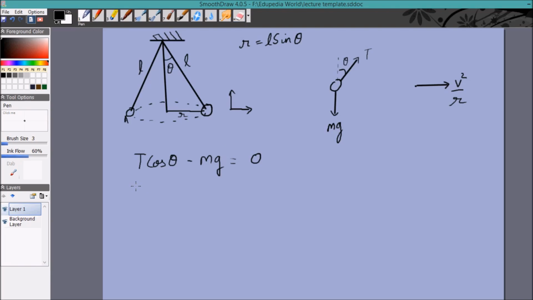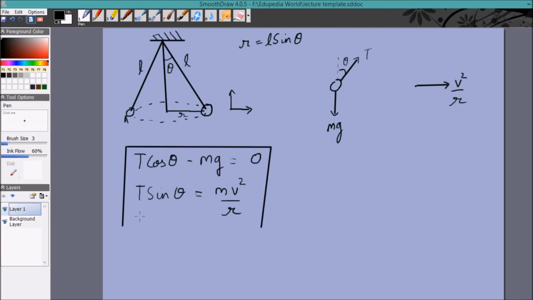And horizontal direction gives me T sin theta equals mv squared by r. Right? So we've just added one small aspect into our previous knowledge of Newton's laws of motion. That is, we take the directions to be the radial and the tangential directions, and then we apply Newton's laws of motion as usual after drawing the free body diagram.